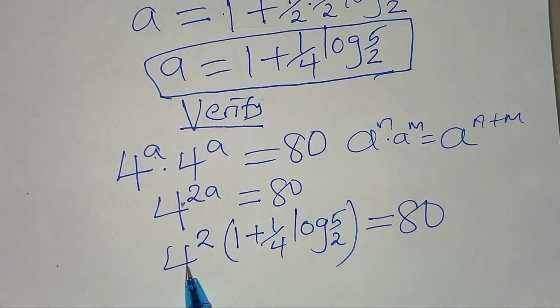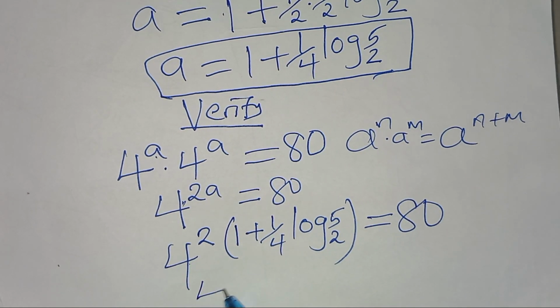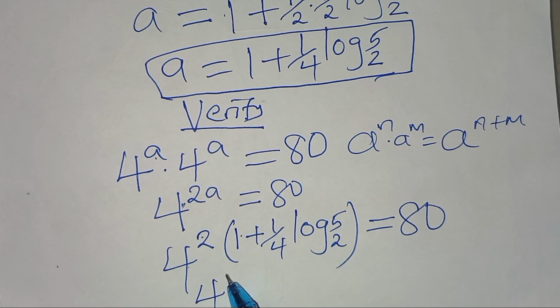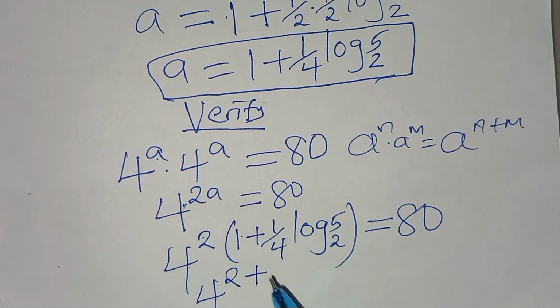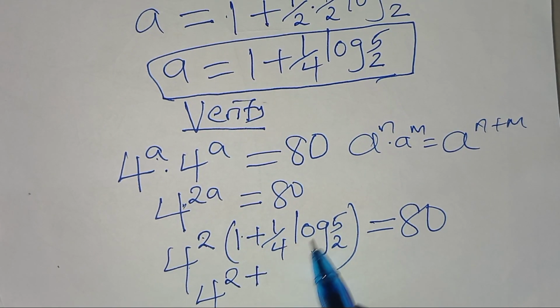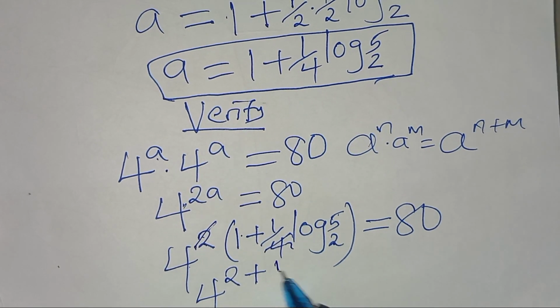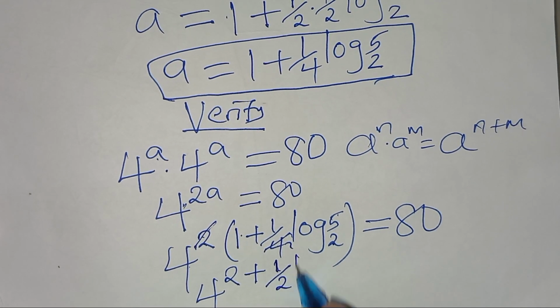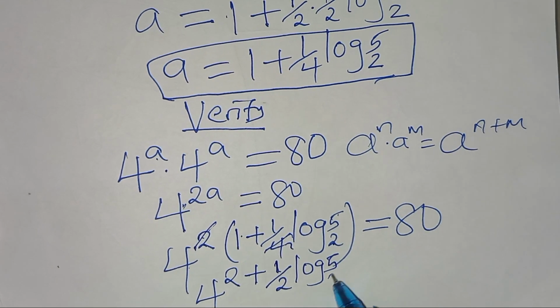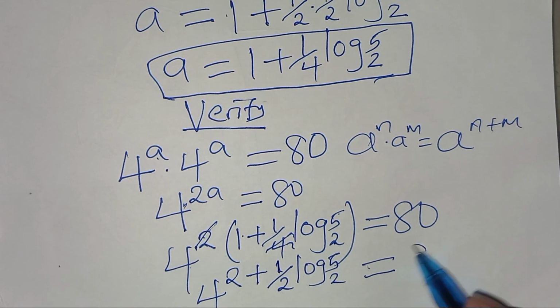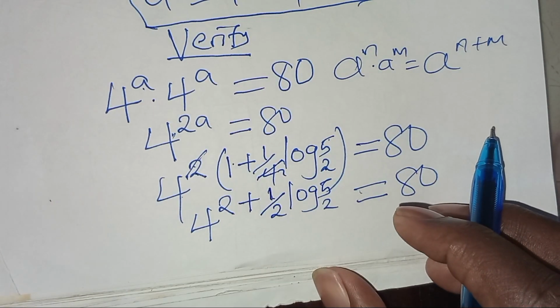Now we can express this as 4 raised to power 2 times 1, which is 2, plus 2 times 1 over 4 log 5 to base 2. The 2 simplifies here, so you have half log 5 to base 2. This should give us a value of 80.